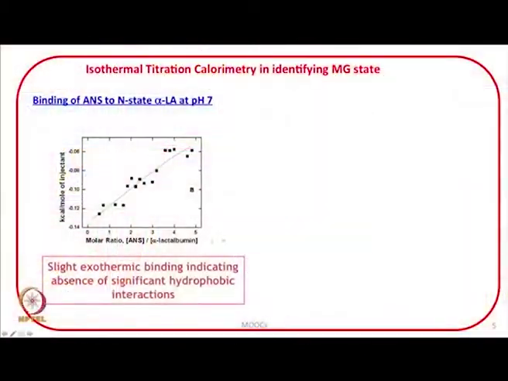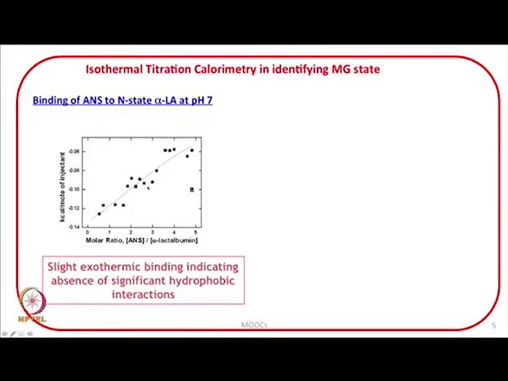Let us take a look at the slide. This figure from literature suggests that the binding of ANS with the native state of alpha-lactalbumin at pH 7 is very weak. Earlier I have discussed what kind of shape represents weak binding, what kind of shape represents strong binding.